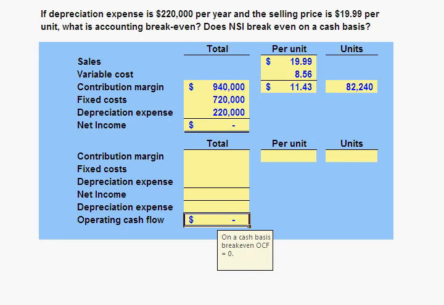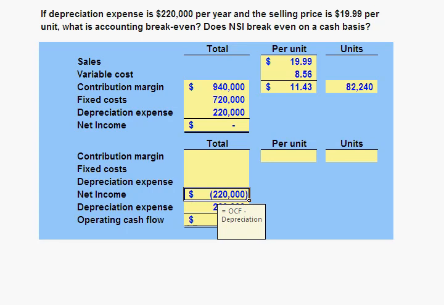Recall, to calculate our operating cash flow, we take net income and add back depreciation expense, which in this case was $220,000. Therefore, net income would have been a loss of $220,000. Net income loss of $220,000 plus depreciation expense of $220,000 would have given us our operating cash flow of zero.